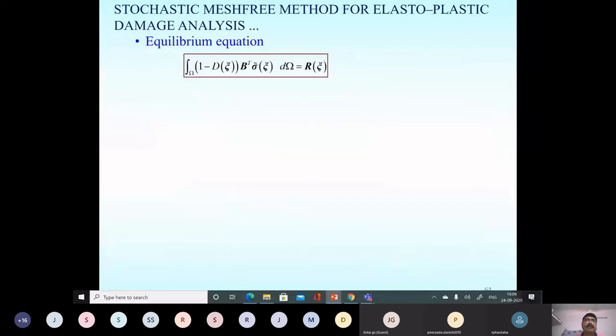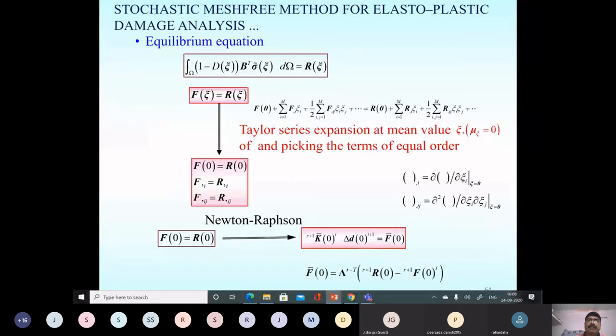So for that, this is my equilibrium equation. Use Taylor series expansion on both sides, a simple technique, and then pick up the terms of equal order. So you get three sets of equations. Since I am interested only in the second derivative, I will take only up to second order terms. And since you have a nonlinear function, all these three equations are nonlinear in nature, so all three have to be solved using Newton-Raphson.